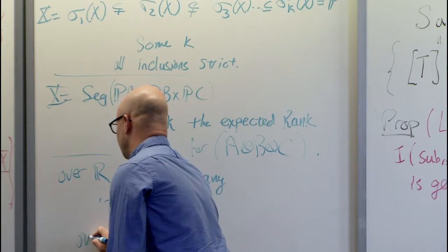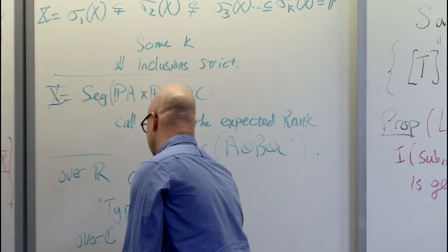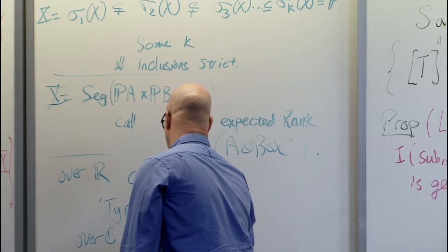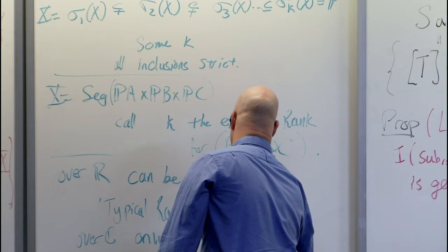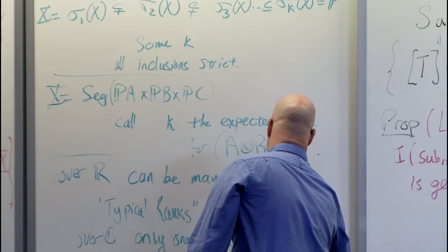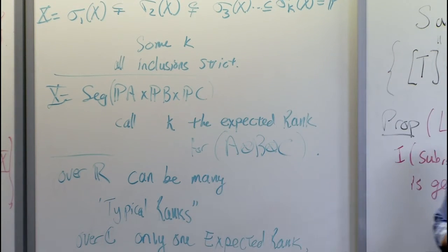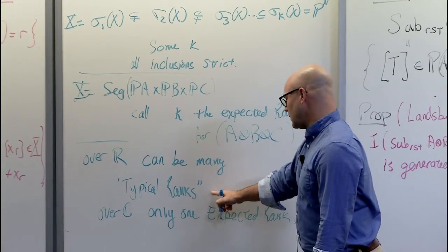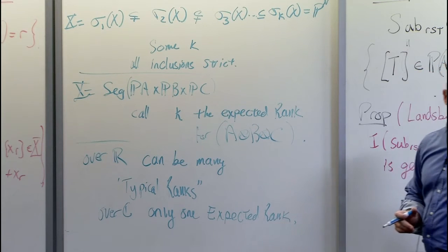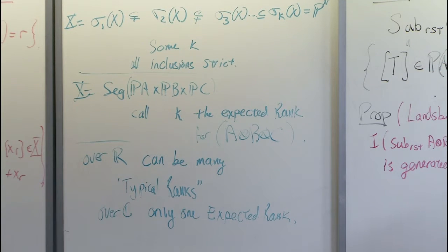Over C, there's only one expected rank. A typical rank is a rank for which there's a set of positive volume where all the tensors in that set have that same rank. So even 2 by 2 by 2 tensors over the reals can have two typical ranks, 2 and 3.